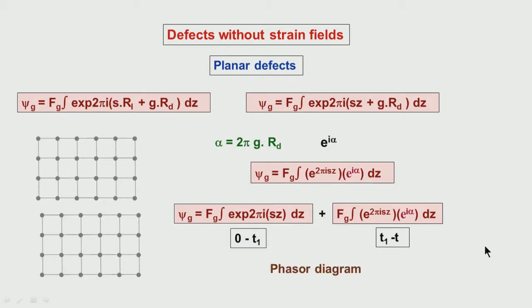The same thing can be represented in a phasor diagram. In the phasor diagram, we know G, and as we go along the beam in this direction, the position of R is changing, so the phase factor is going to change, though the amplitude remains the same. Then to find the net amplitude, it will be going like this and like this.